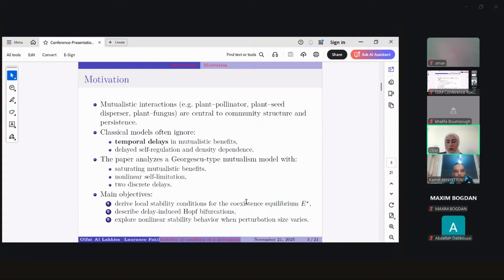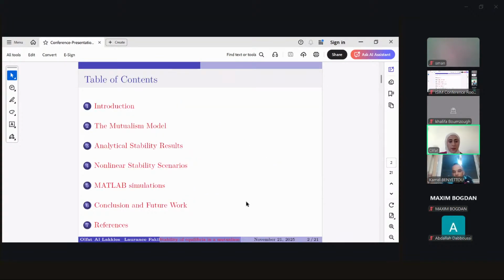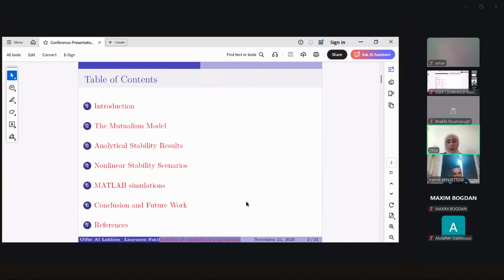First, I will briefly start with the introduction, with the motivation and then the modeling context, introduce the delayed mutualism model, examine analytic stability results, explore nonlinear stability scenarios, and then the MATLAB simulation, after that the conclusion and the future work, and finally the references.